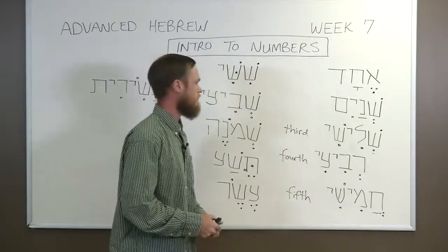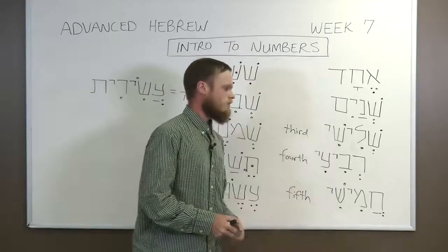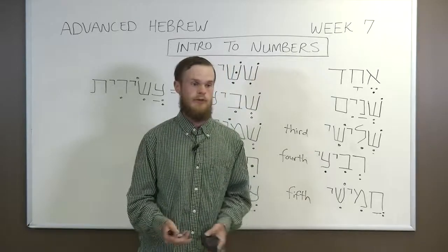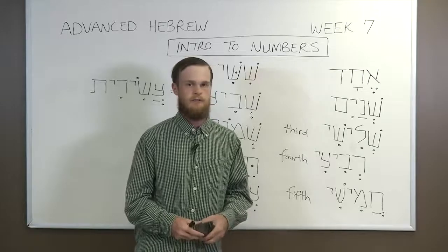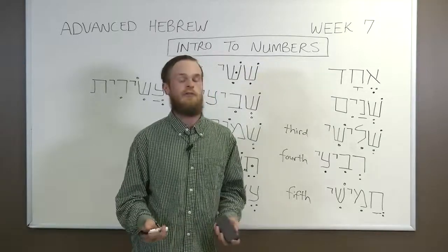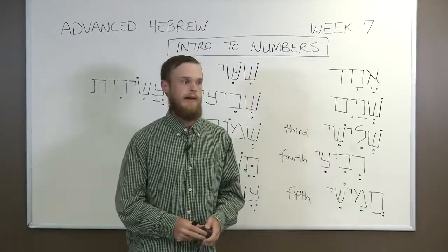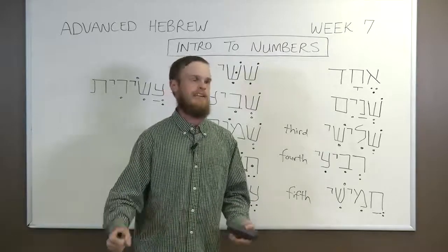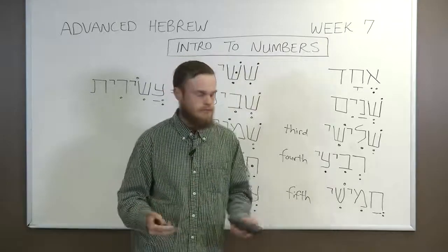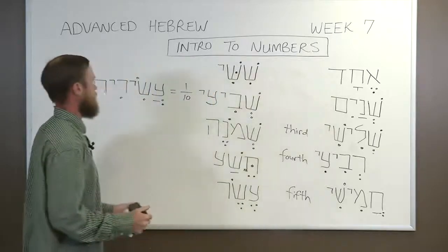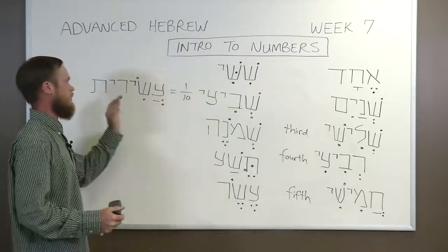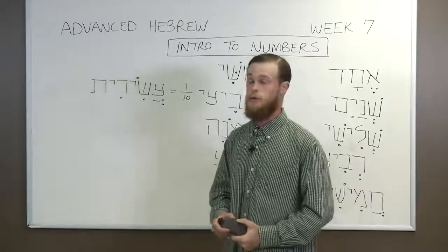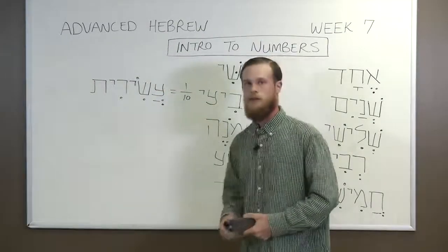It's just that you can use it for other units of measurement. So if you're saying a third of a hin, or a fourth of a hin rather, of wine, that's a unit of measure of liquid. So you are measuring exactly a quarter of a measurement. But when you're using ordinal numbers in that sense, always put them in the feminine, or you'll always see them in the feminine to denote their fractional usage.